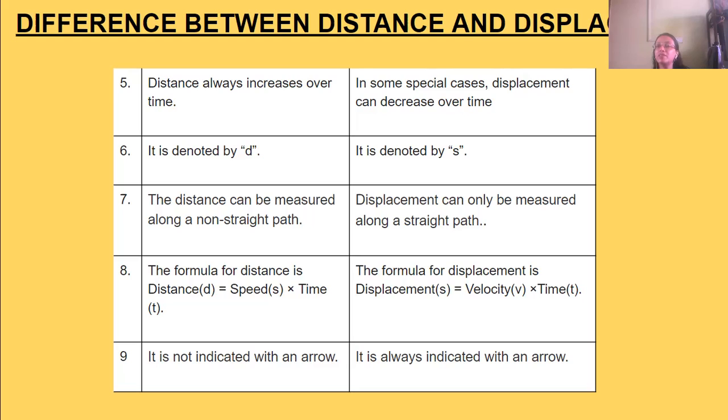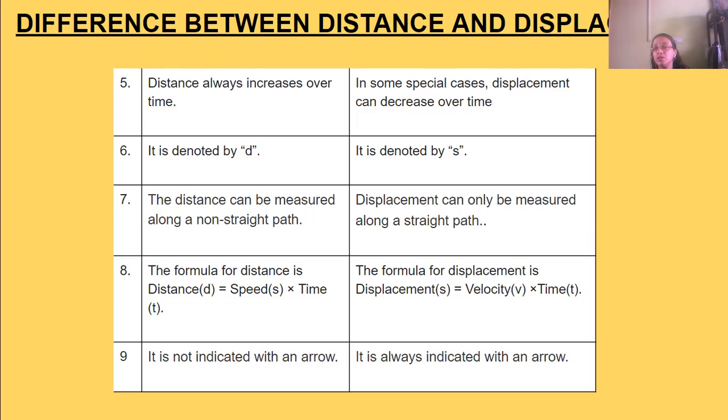For example, if a body moves northward, then to the east, then to the south. Distance increases as the time increases. But in the case of displacement, what happens? It may decrease over time, right? Because the displacement will be the shortest distance.